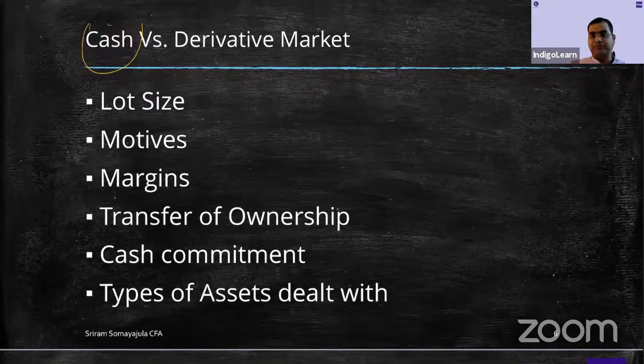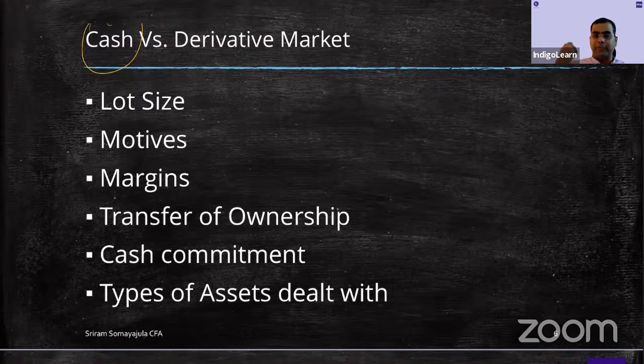You want to cook them today evening or today night, or whatever it is. Or you are buying jewelry, you are taking possession immediately. So that kind of a market where you buy items for immediate delivery and pay cash immediately is called a cash market. So in the stock market, where you pay money and take the stock today itself, that is where you buy a stock, right? That kind of a market is called a cash market.